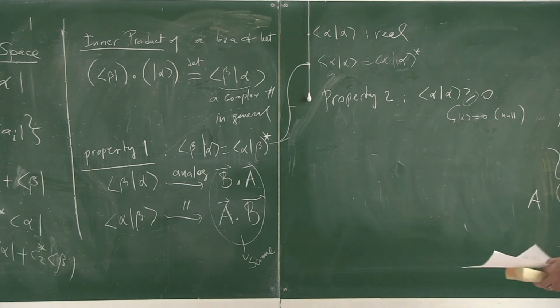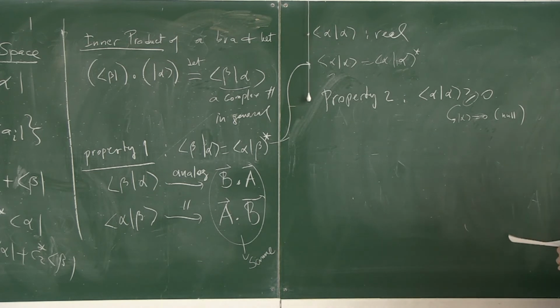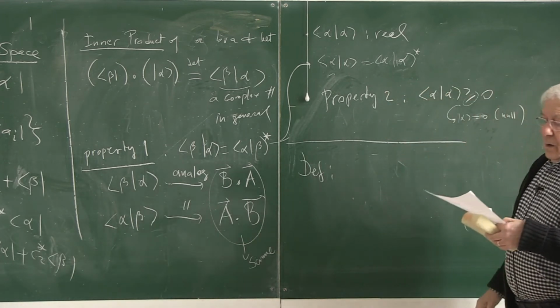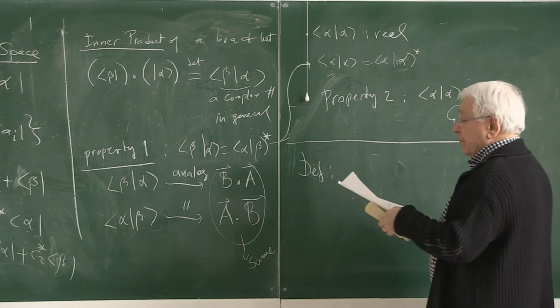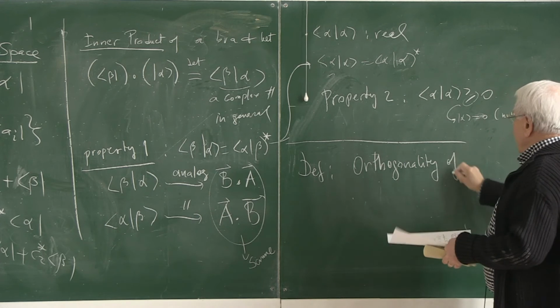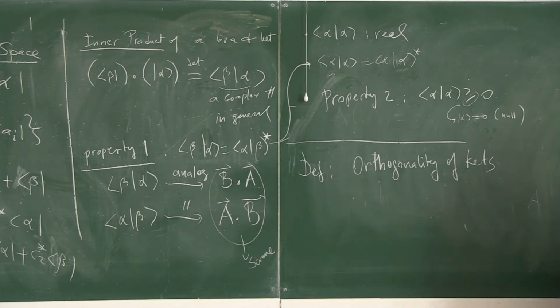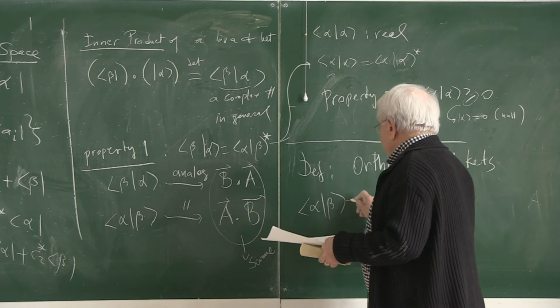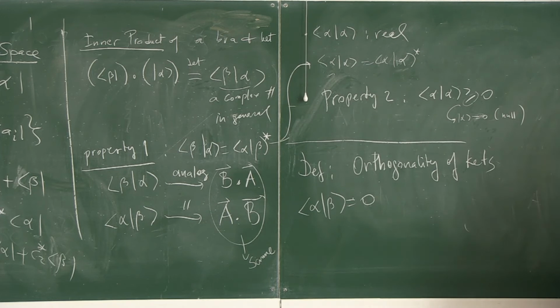Now let's introduce a definition. Orthogonality of kets. Here is the definition. If the inner product of alpha and beta, two kets, you have two kets, you take them, by the way, notice that if you are not that familiar with the vector spaces or complex vector spaces language, then you may say, well, what are you talking about?